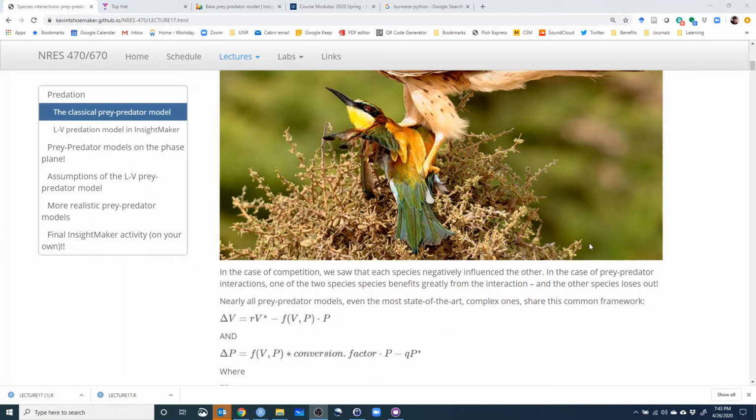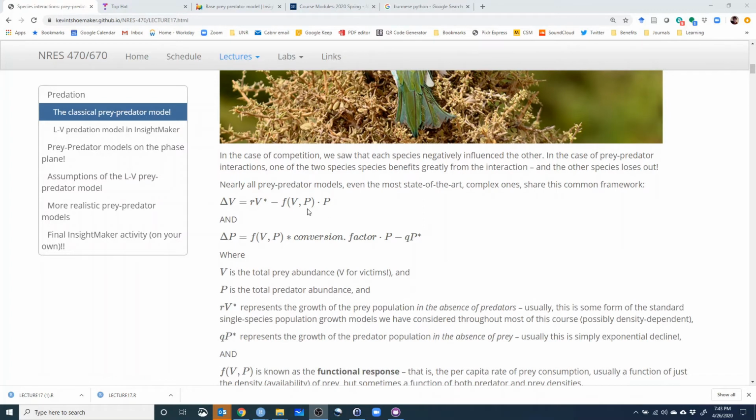All right. Let's start by defining some terms. Now, this is a modeling class, so let's get into the modeling. Here is a really general way to represent prey-predator models. And I'm talking not just the simple Lotka-Volterra models, but this representation encompasses even the most state-of-the-art prey-predator models.